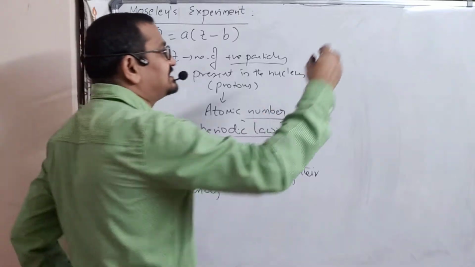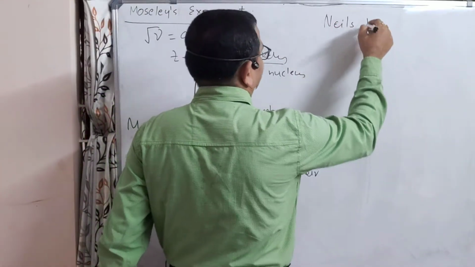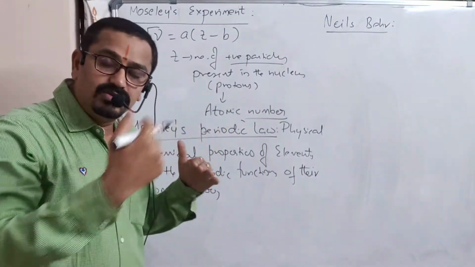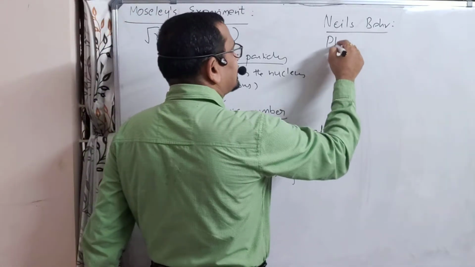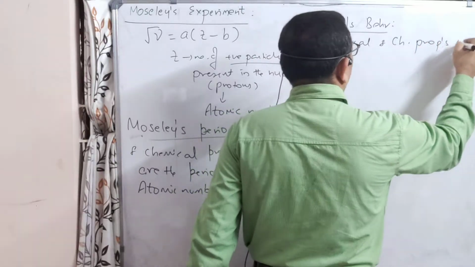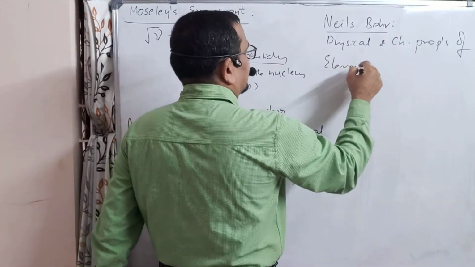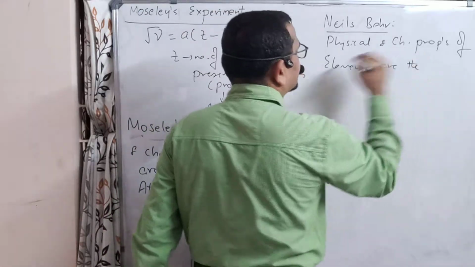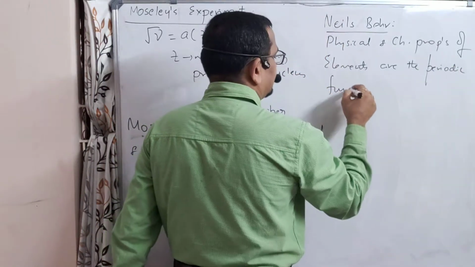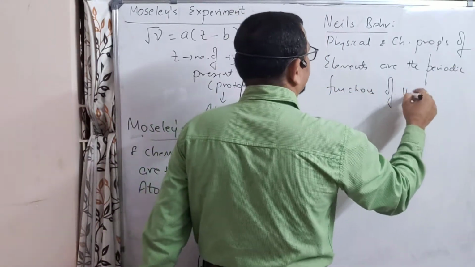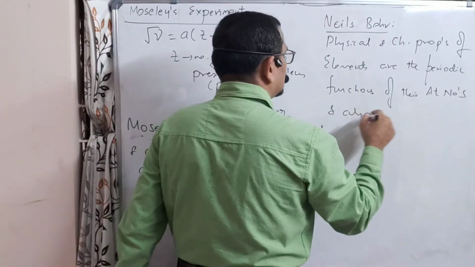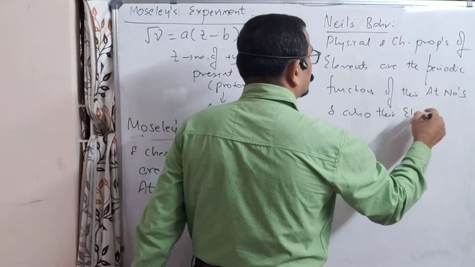At the same time, Niels Bohr gave another modification to Moseley's periodic law, according to which the physical and chemical properties of elements are the periodic functions of their atomic numbers and also of their electronic configurations.